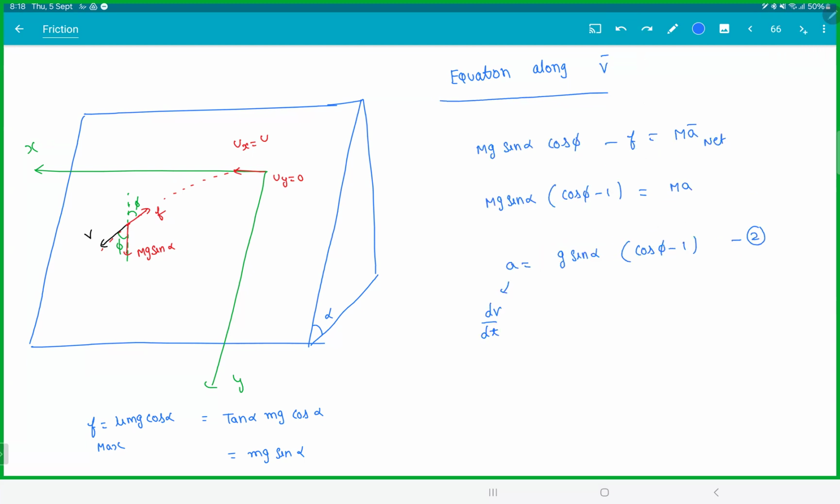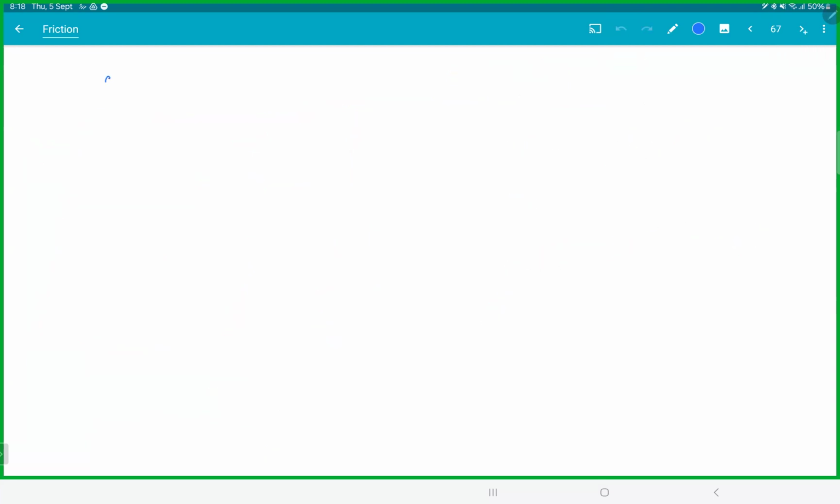Now take equation 1 and equation 2. So equation 1 is ay is g sin alpha into 1 minus cos phi. If you take the second equation, a is equal to g sin alpha into cos phi minus 1. This is what I said. The whole reason it works is because mu is tan alpha. Now if you equate them, you will notice ay is equal to minus a.